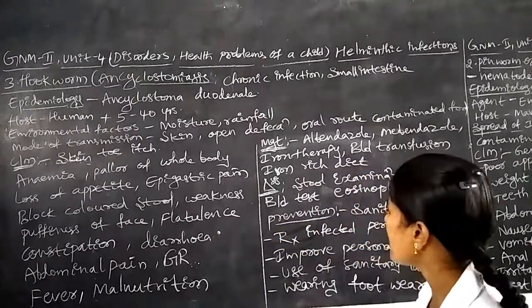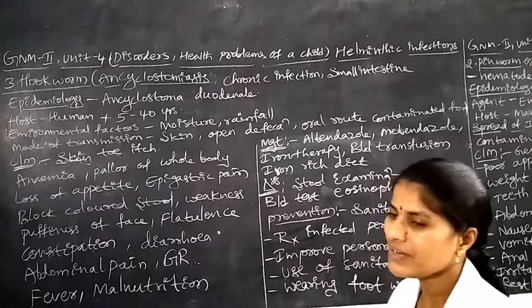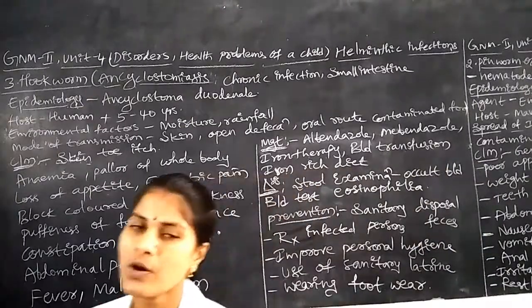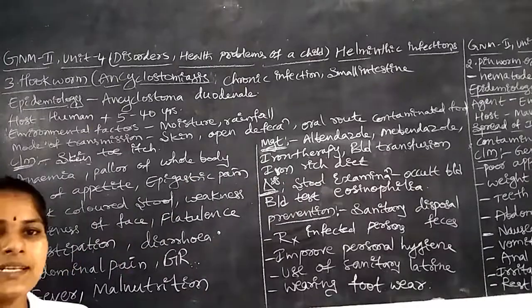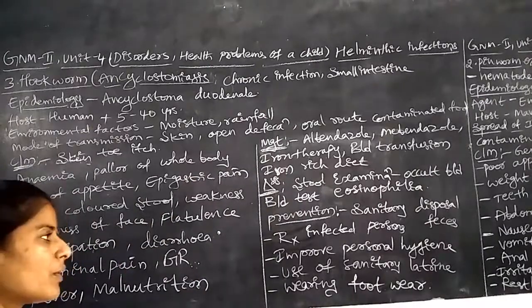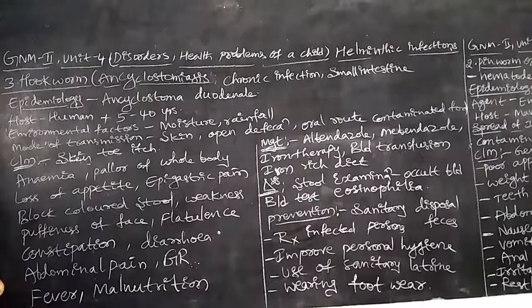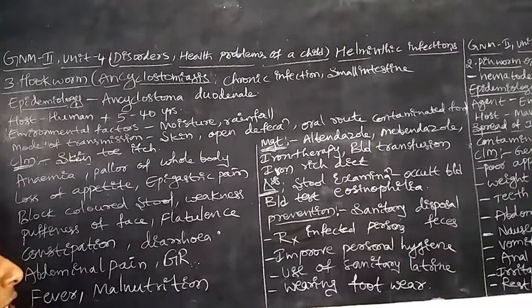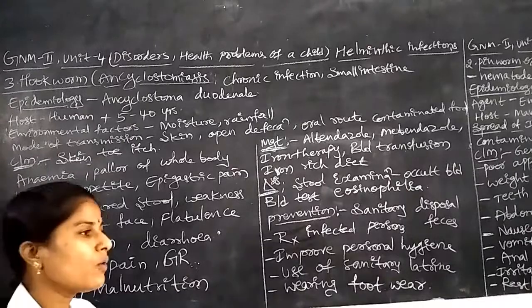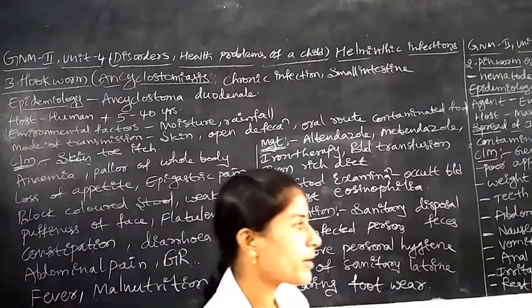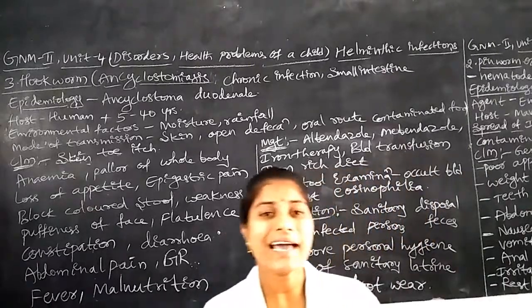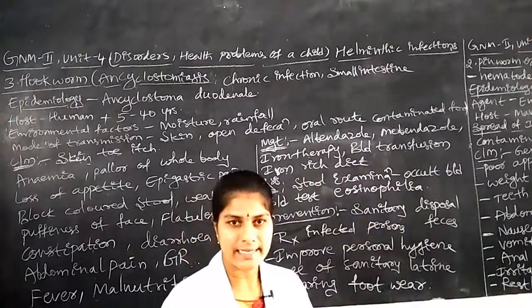Next one is the prevention. Prevention is better than cure. After occurrence of disease, we take measures to cure, but before that we have to take some preventive measures. What are the preventions? Sanitary disposal of feces. Whoever is suffering with the infection, or every person, should compulsorily follow sanitary disposal of excreta.